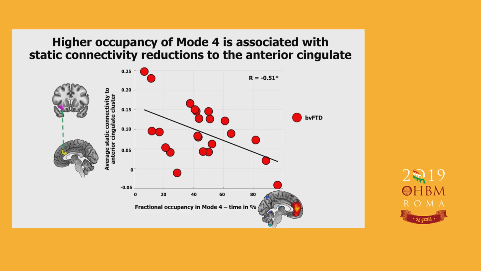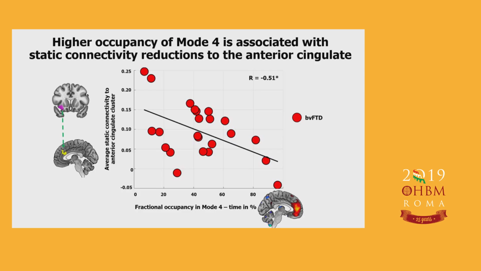So as a final piece of this analysis, what we sought to understand was the relationship between static connectivity and time-varying connectivity dysfunctions. And so we extracted average levels of connectivity between the insula and this cluster in the anterior cingulate just by taking the average beta values, which we plot here on the y-axis, and plotted this against the time that patients spent in this mode 4.